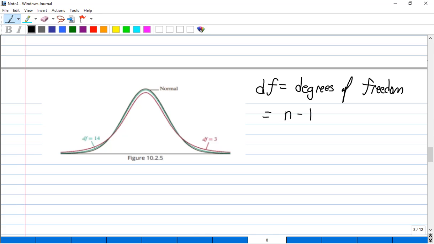Okay, so we do have to use that in our table. Now, notice the other columns, they have a heading at the top. It says area to the right of the critical value. So that means, yes, we do have critical t values. Just like we have critical z values, we have critical t values.